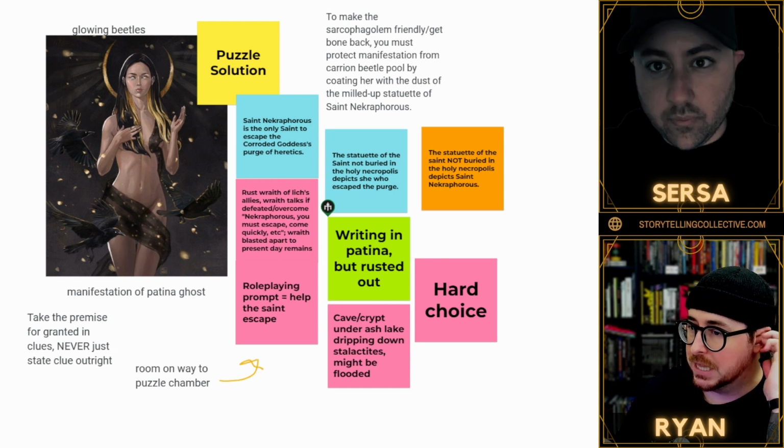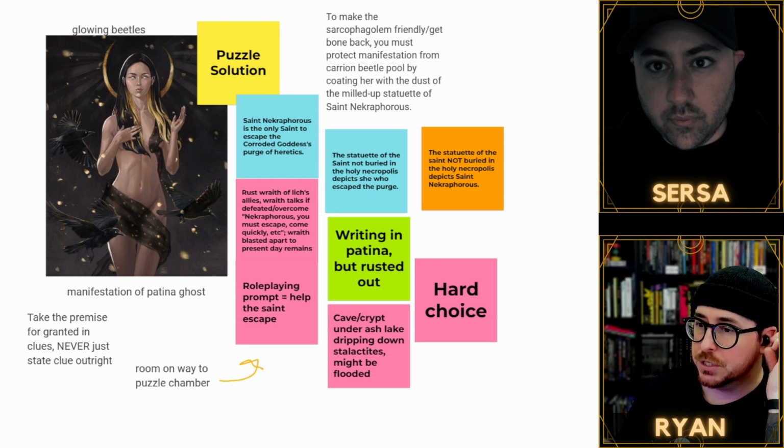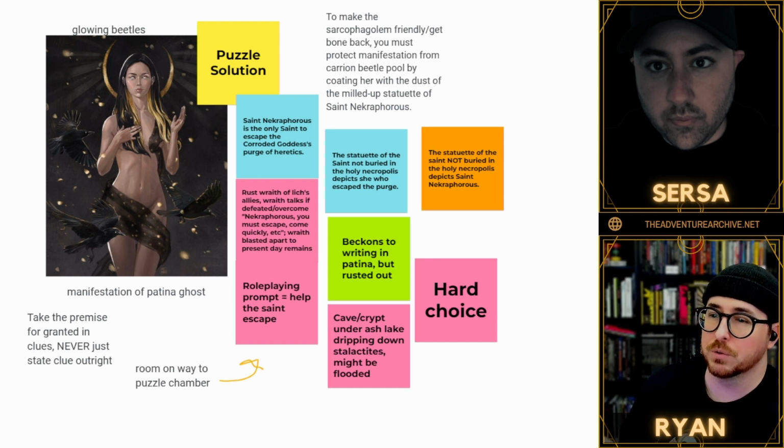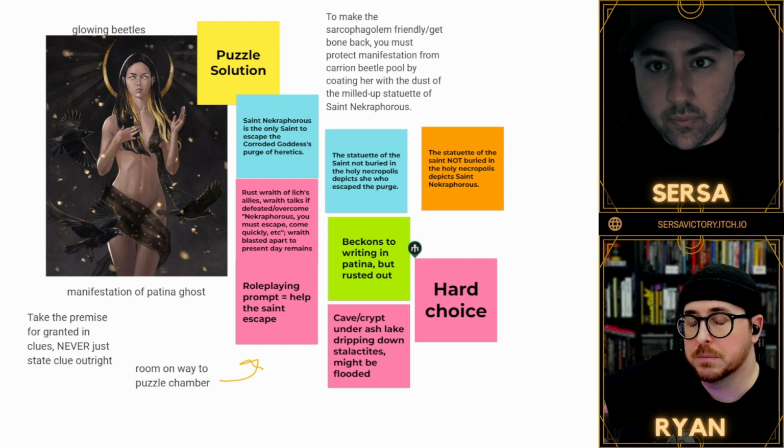That's right. My thought is that she manifests and beckons them, and something about the journey through the ash maze of stalactite and stalagmite creates a hard choice, or even reading the writing creates a hard choice. That's my thought. I like it.